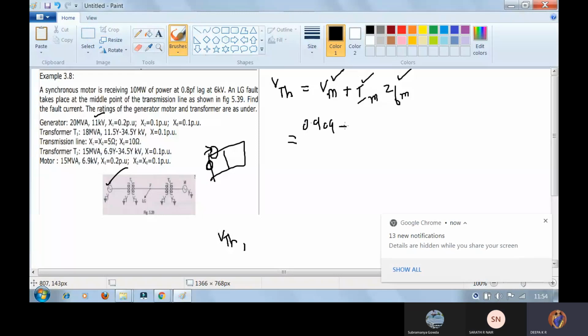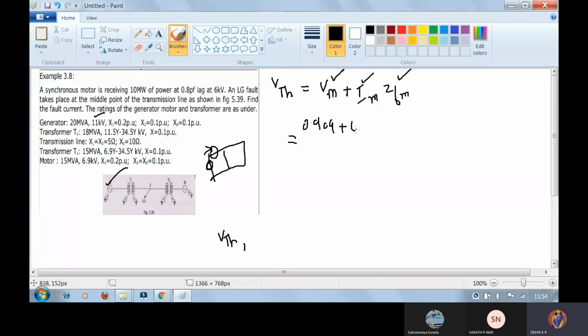0.909 plus IM, how much did you get? 0.687 at an angle of minus 36.87, into the total sum 0.046 plus 0.146. It is 0.192. See to it once. 0.192 at an angle of 90 degree.